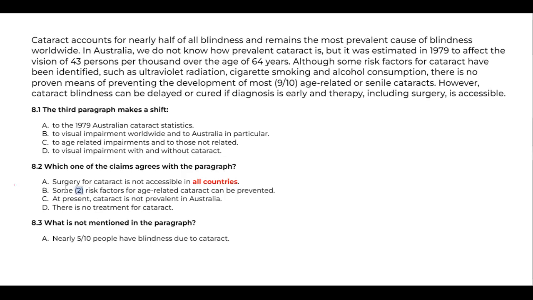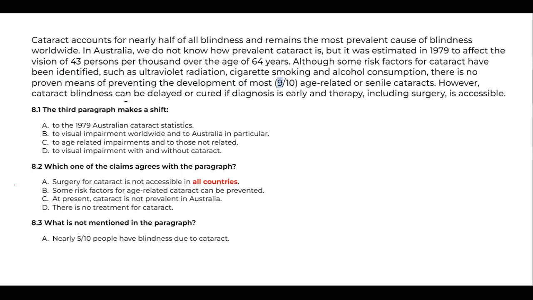So it means some can be prevented. Let's go to this one. There is no proven means of preventing the development of most age-related senile cataracts, which means there's a chance of 1 or 2.